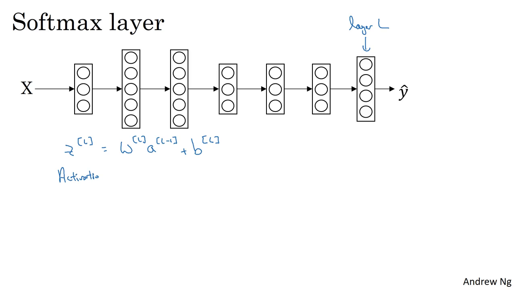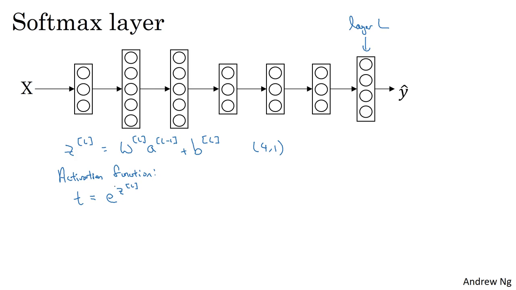So the activation function is a bit unusual for the softmax layer, but this is what it does. First, we're going to compute a temporary variable, which I'm going to call t, which is e to the ZL. So this is applied element-wise. So ZL here, in our example, is going to be 4 by 1. It's a 4-dimensional vector.